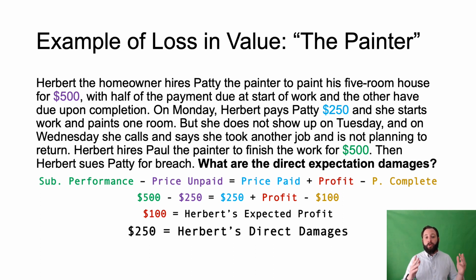And so in order to make Herbert in the position he would have been in had the contract been performed as expected, we need to repay him. Patty has to pay him $250, so $750 minus $250 is $500, and now Herbert has his whole house painted for $500, which is what he expected. Hence the term expectation damages.